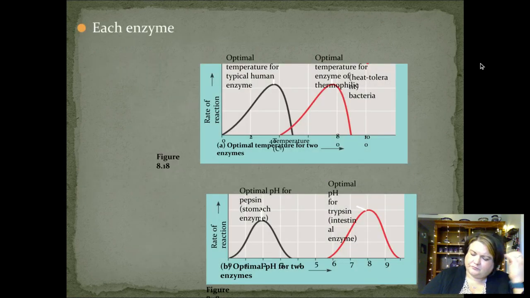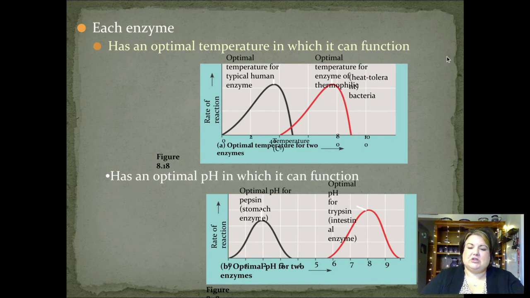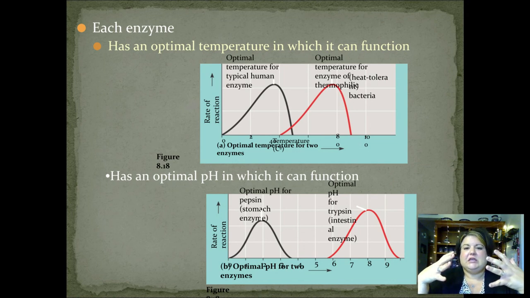Okay, so enzymes have certain conditions that they function best in. One of them is temperature. So you guys know, and again, I think this is something the FRQ could talk about. When you talk about temperature, in general, when you heat things up, reactions speed up. Okay, because the substrate is hitting the enzyme more frequently, right?